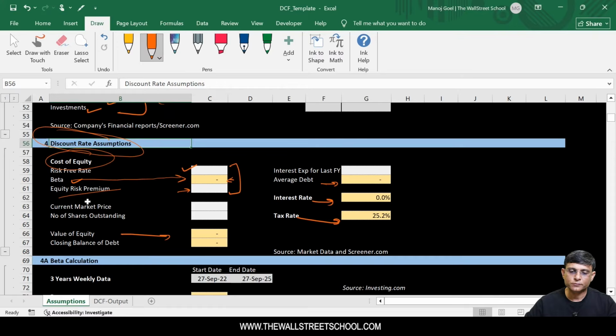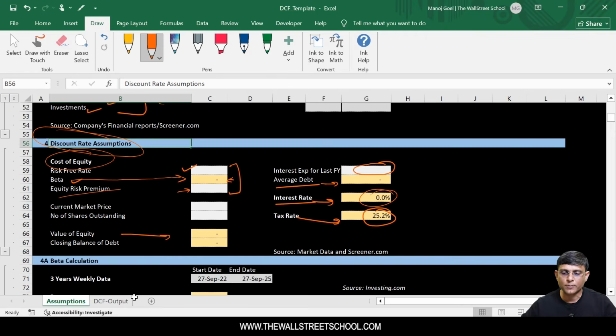Now cost of debt is what? Interest rate. So for interest rate, I need interest expenses divided by total value of the debt. If I divide interest expenses by average debt outstanding during the year, I'll get my interest rate. Now from this interest rate, I'll subtract tax impact. So I'll get net of tax cost of debt. In my DCF output, you can see this calculation will be automatically done.